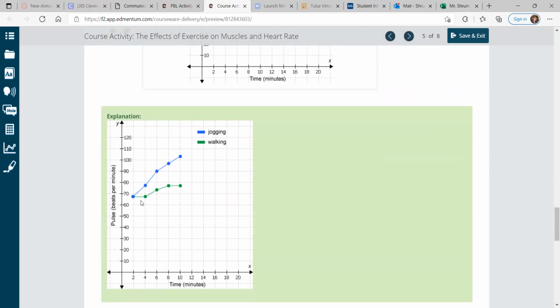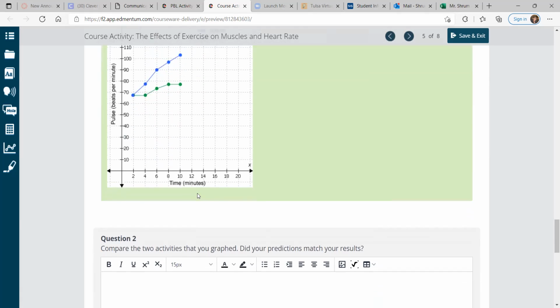Walking is the green here, so you see it was pretty elevated. Here's 60, 62 was the average for this person. So it was elevated fairly consistently while he or she was walking. And then while they were jogging, it definitely steadily increased and got up to 100 plus beats per minute.